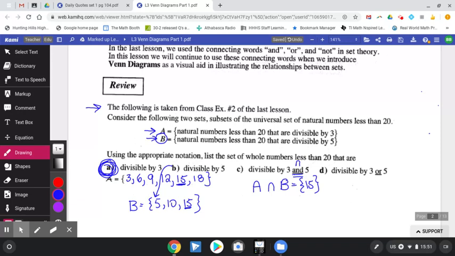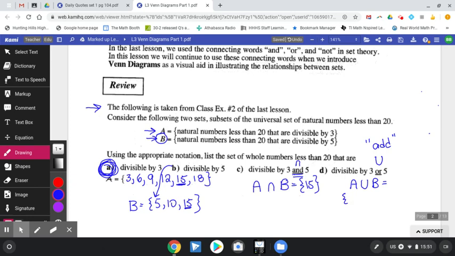So divisible by 3 is set A, or is union, and it's also the one that we think of as adding. So I'm looking for A union B, where I'm adding everything together, combining these to make one big set.